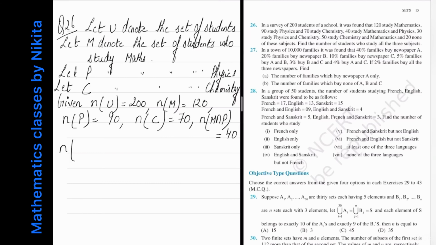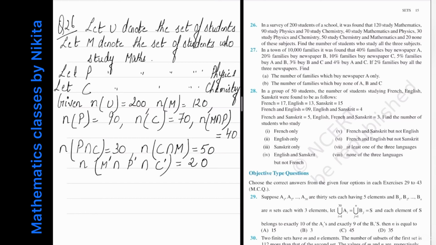Then you have physics and chemistry. So P intersection C is 30, and then you have 50 study chemistry and maths. So C intersection M is equal to 50, and 20 none. So none means that you have been given that M complement intersection P complement intersection C complement is equal to 20.